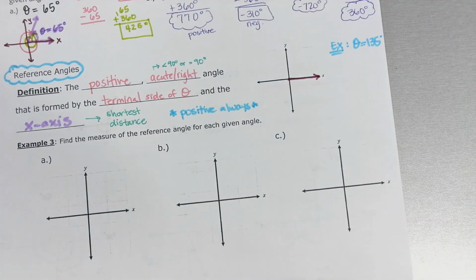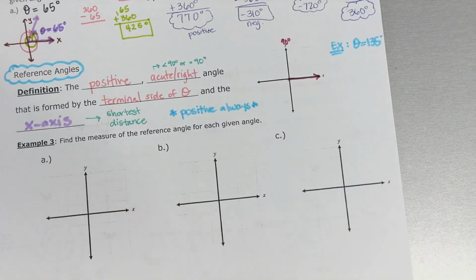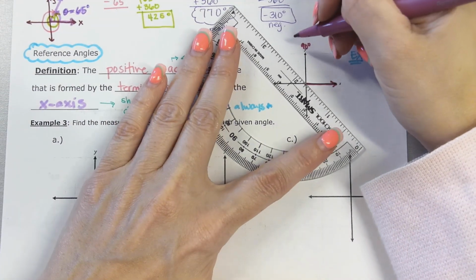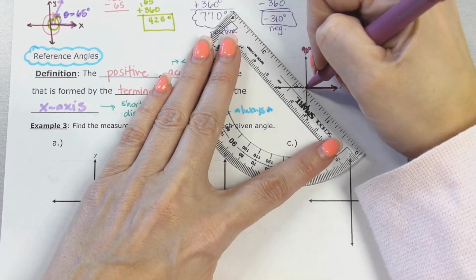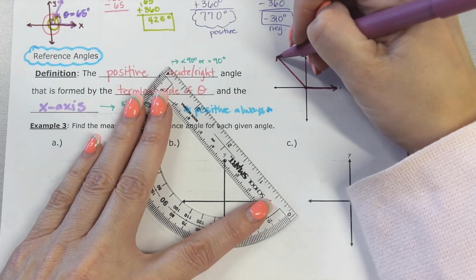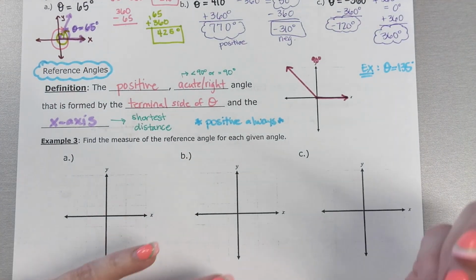Think about what is the distance between 90 and 135. How many degrees past 90 is 135? 45. So that's going to be halfway. So again, we can just cut this in half. You can measure with your protractor, or at the halfway, we're doing it on a grid, it's pretty simple to estimate.